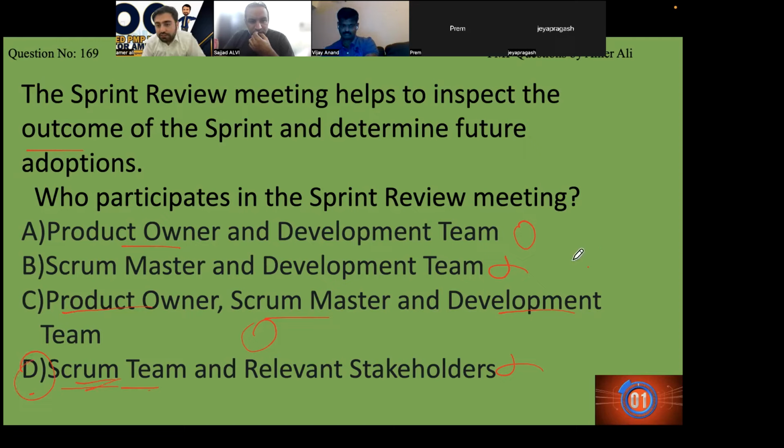Scrum team is product owner, Scrum master, and development team. If it only said development team, it would have been a different thing. When it says Scrum team and relevant stakeholders, whoever the customers are, D becomes the right answer because you have Scrum team in that option.